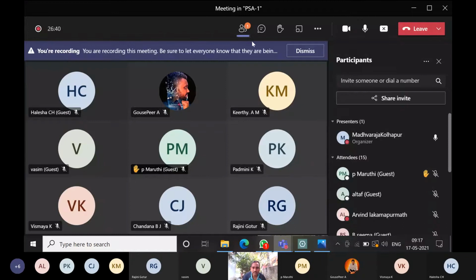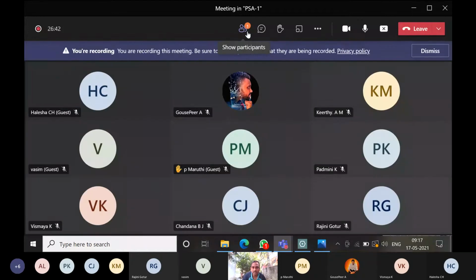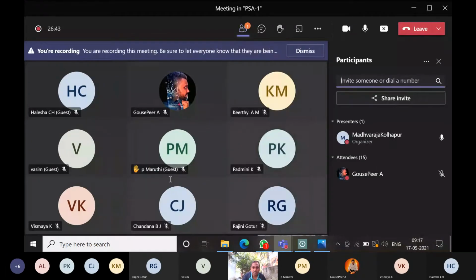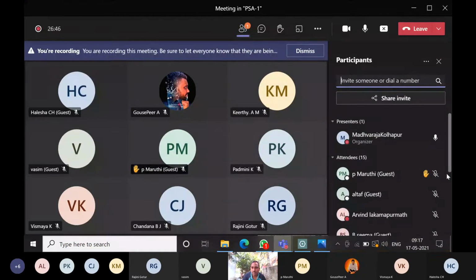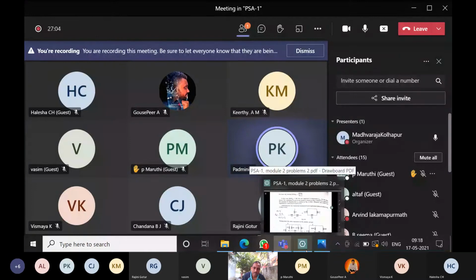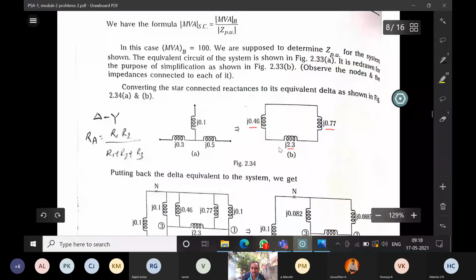You have raised your hand. Hello, Padmini K. Yes, sir. Okay, are you doing delta to star conversion here? Yes, sir. No, sir. Okay, so do it and cross check the values that are obtained. Okay, sir.